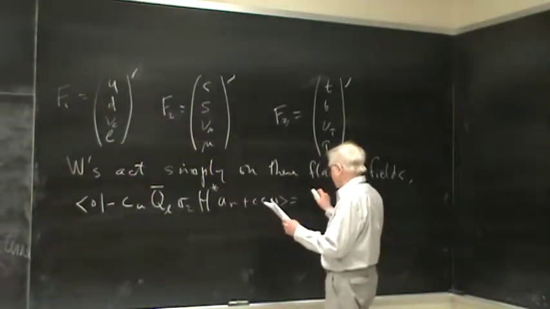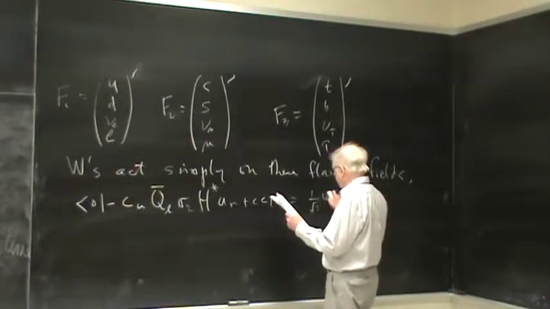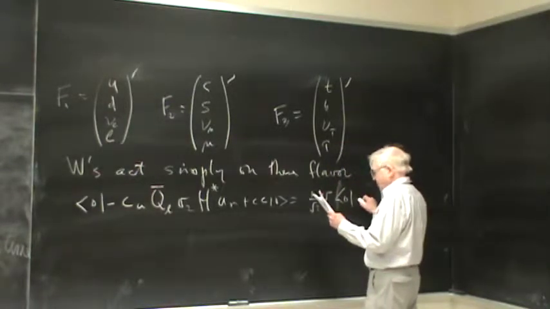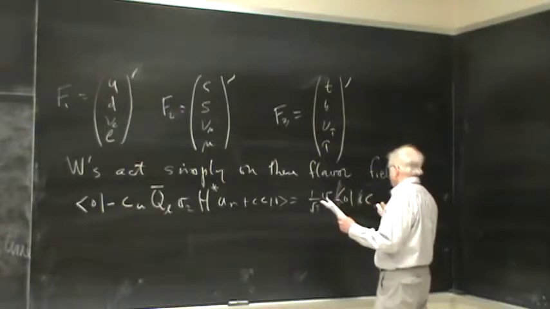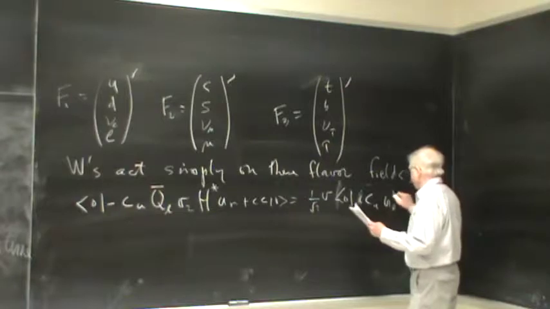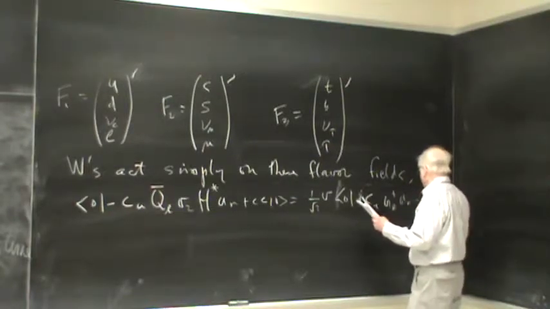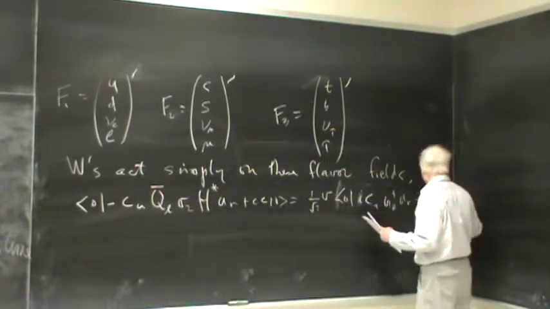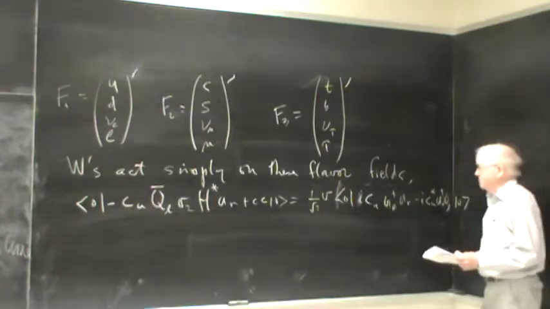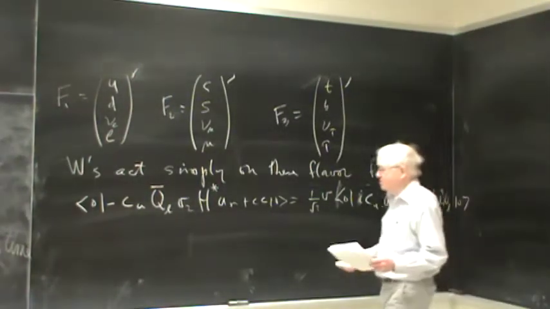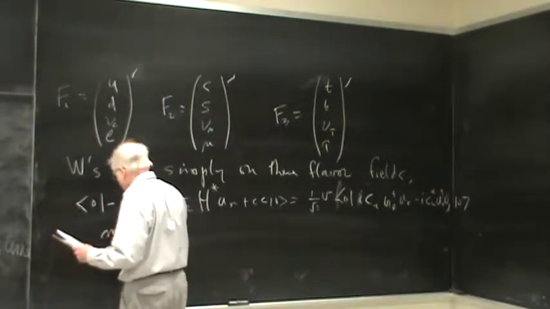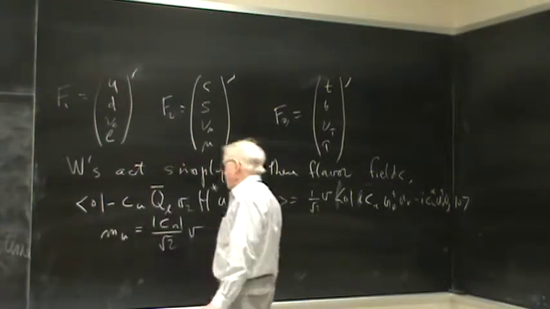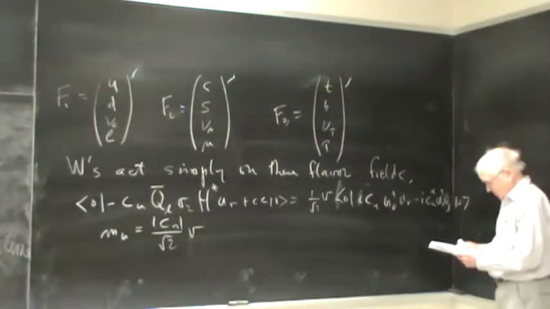And this gave us 1 over root 2 v, this was i C_u u left dagger u right minus i C_u star u right dagger u left, and then the vacuum like that. So this was a mass term for the up quarks, and this is actually the more complicated mass term. The up quarks have a somewhat more complicated mass term.